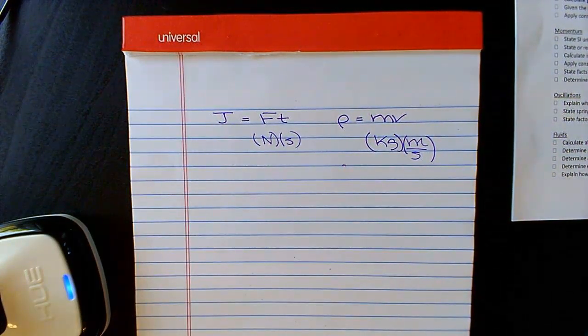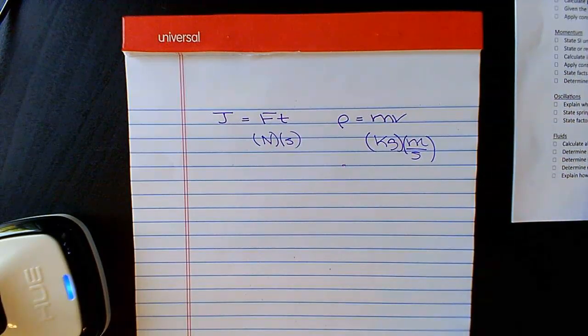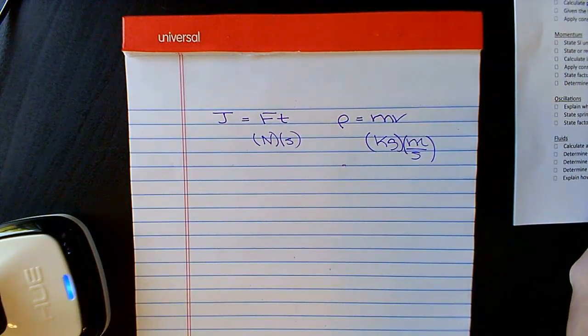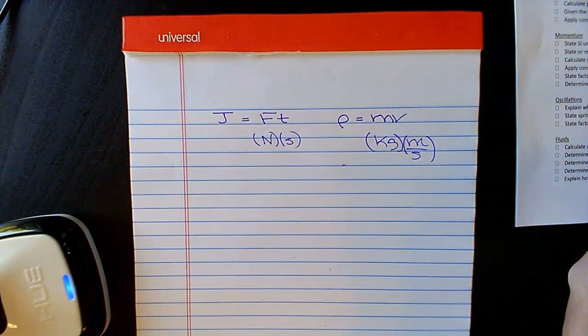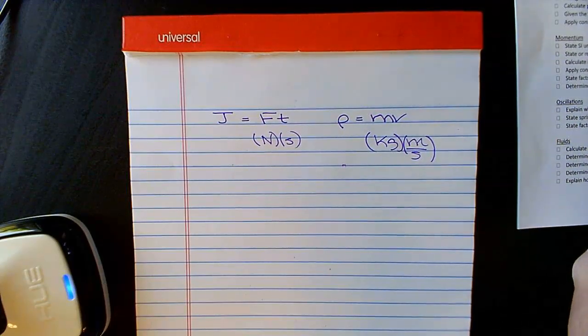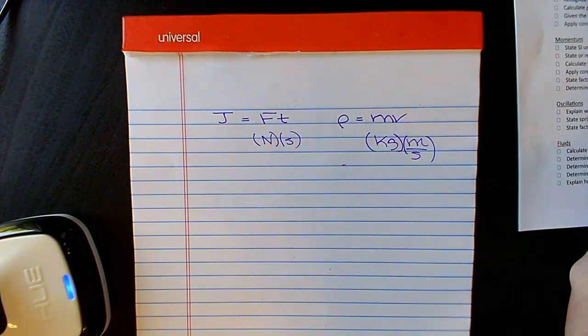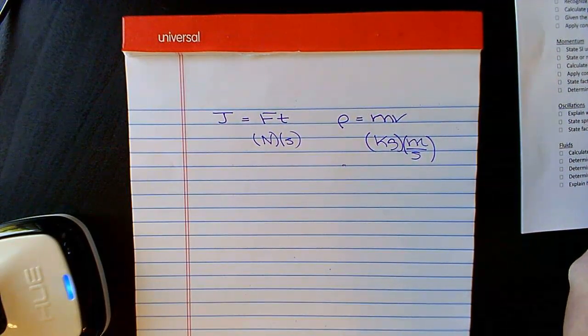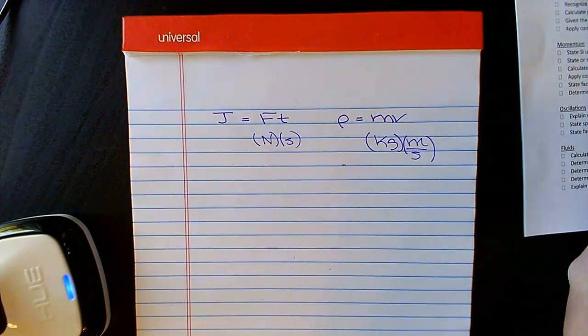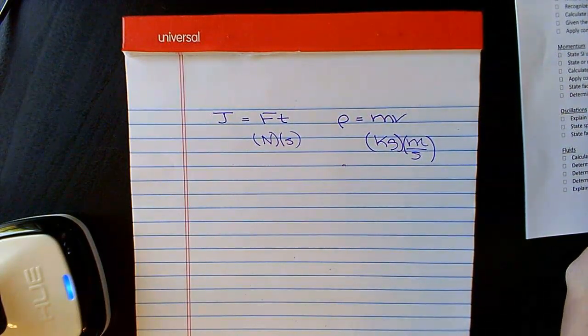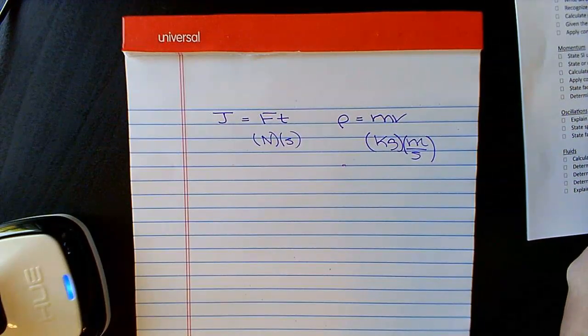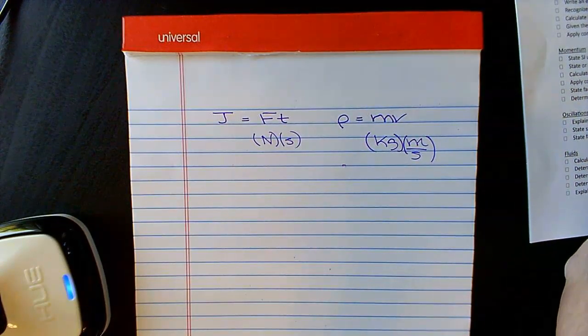examples of impulse. So the classic examples of impulse are using time to decrease force. So if I can make something happen longer, I decrease the force. For example, if I'm going to jump off the roof of a building, I could jump onto the concrete and then I would go splat.